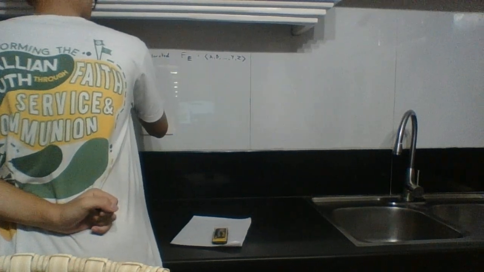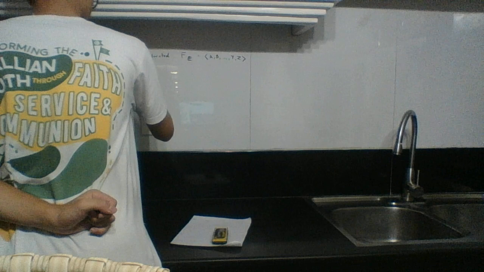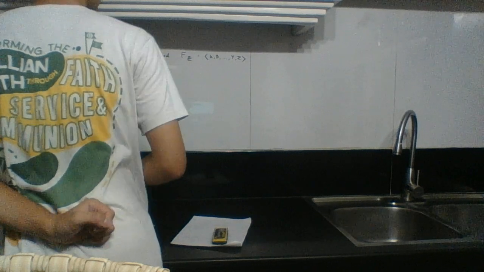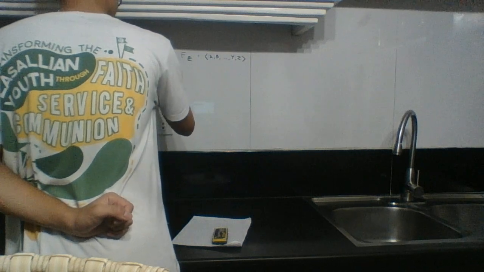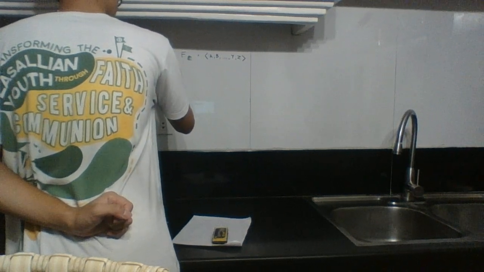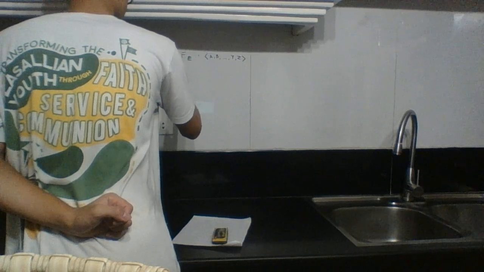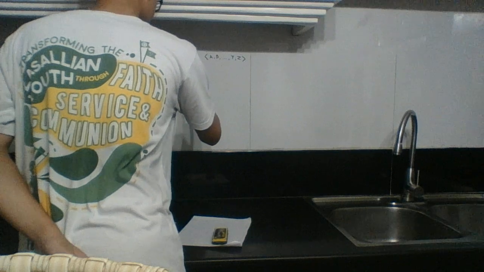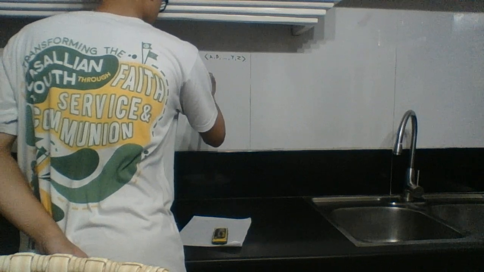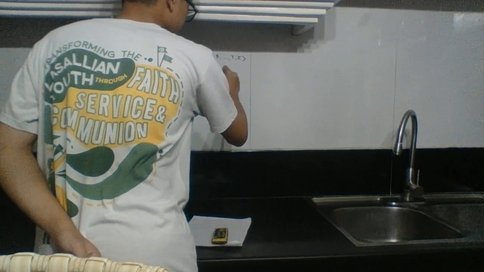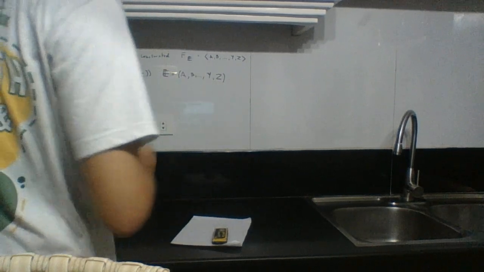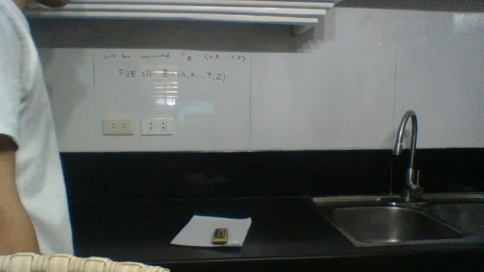The actual structure is this. So it's the free group over E, the English alphabet, or the ordered English alphabet, where E, of course, is composed of an ordered set A, B, double dot, Y, Z. Okay. So we constructed this last time.